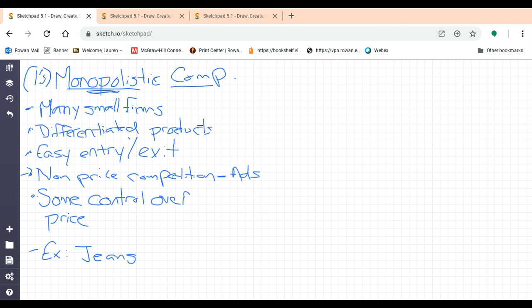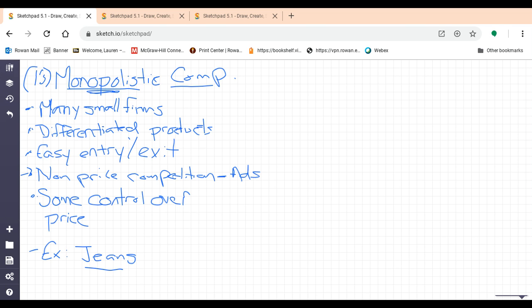All of these things are what makes jeans different to you, me, and everyone else. That's why we don't view these products as identical. They're differentiated. Other examples might be shoes, fast food, really any type of clothing. And a lot of times you see these products on TV being advertised, or possibly hear them on the radio.